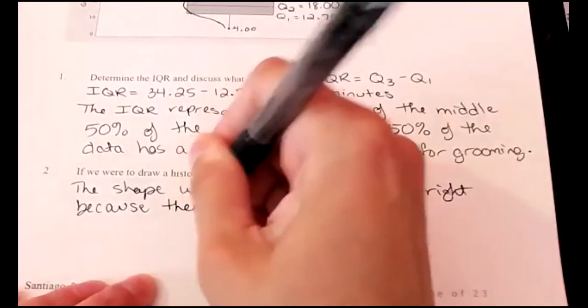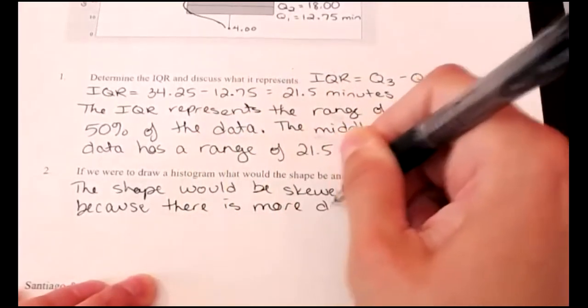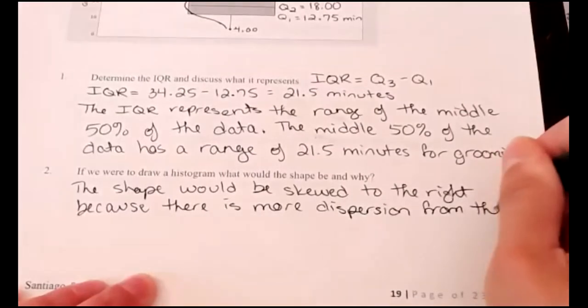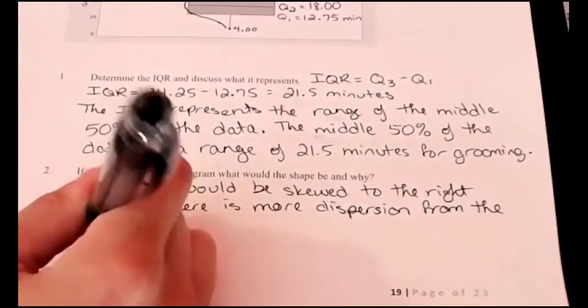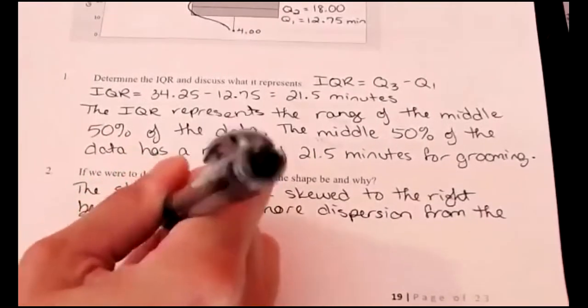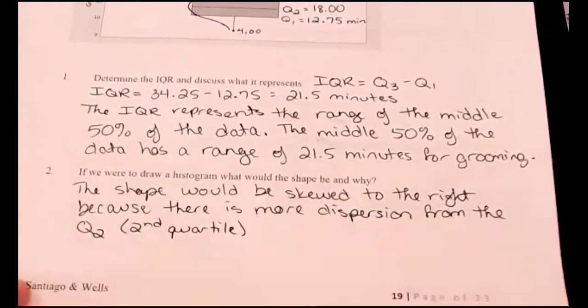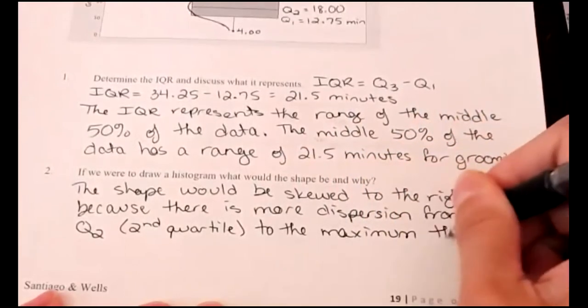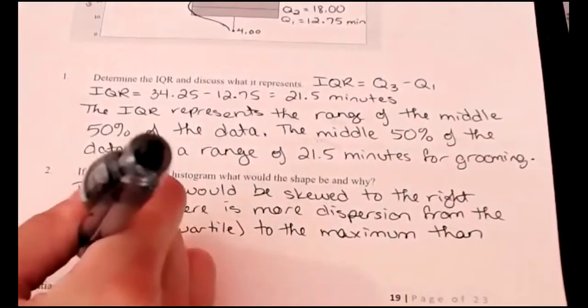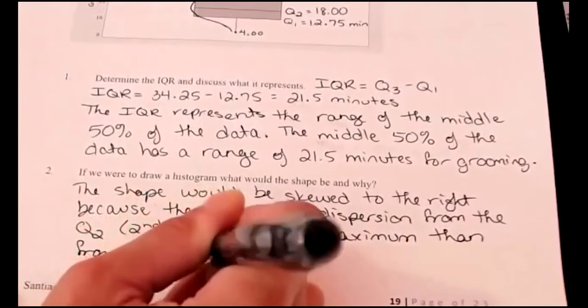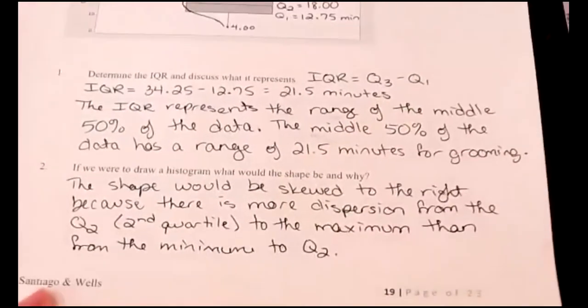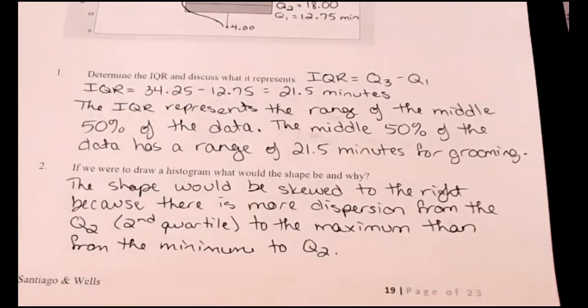Because there is more dispersion from the second quartile, or Q2, to the maximum than from the minimum to Q2. So there's more dispersion, there's more spread out data from Q2 to the max than there is from the lowest value to Q2.